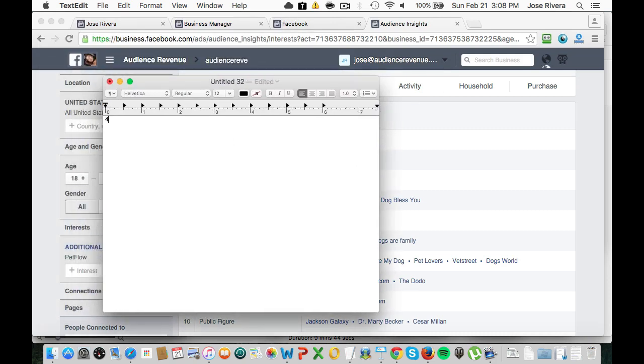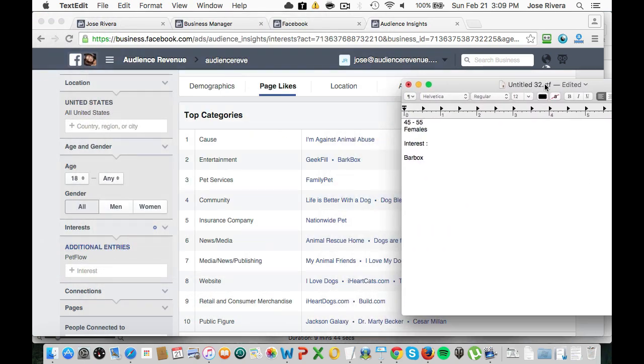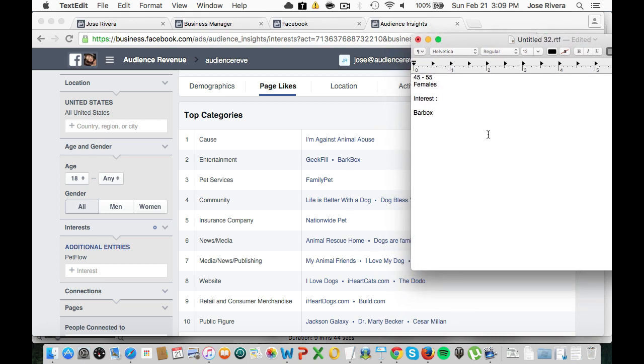So I know I'm going to go after, if I'm selling pet collars or any type of pet products, my audience is going to be anywhere from 45 to 55. I am going to go after females. Interest that they like is BarkBox, right? I'm going to type in some other interests. Oh, also they're married. Interest, BarkBox. I love dogs.